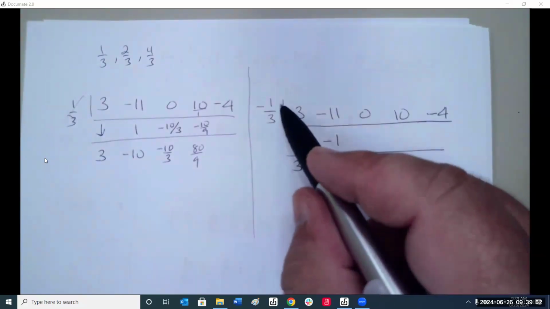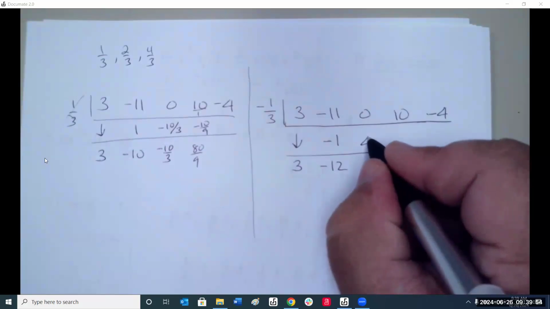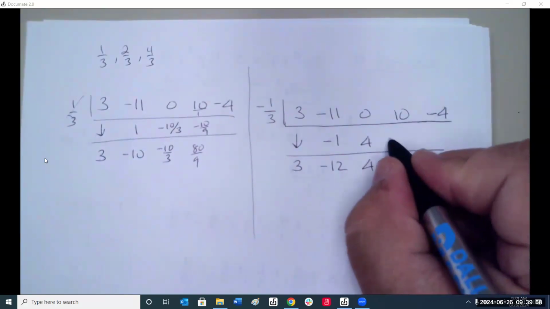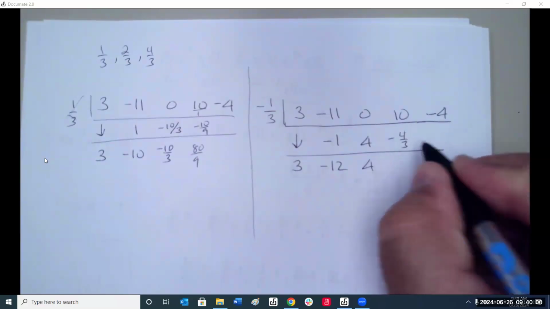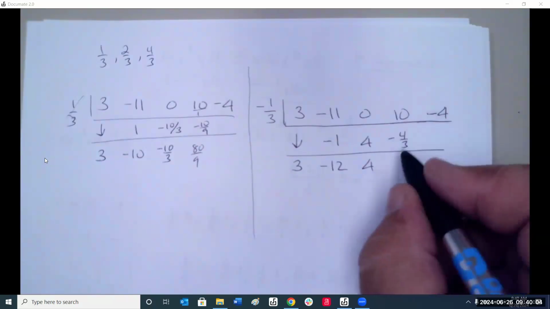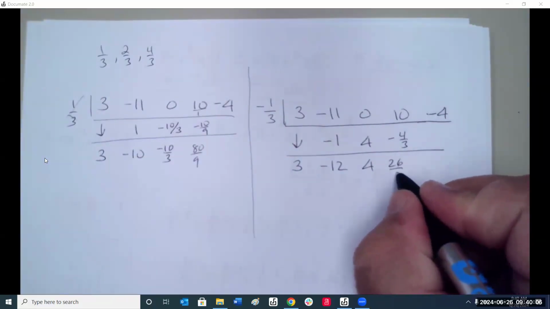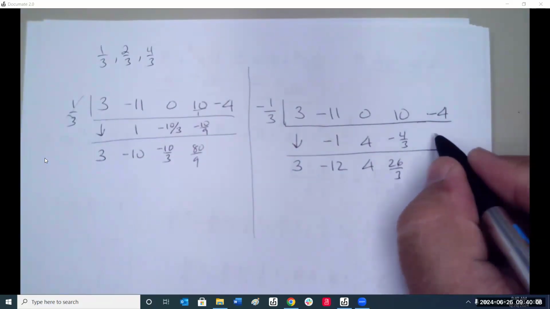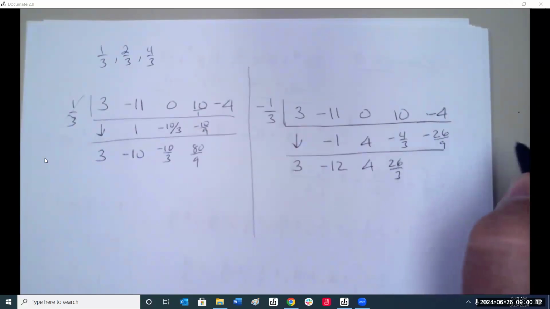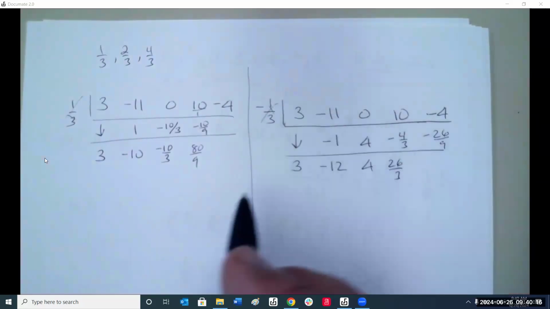Negative is positive. 12 divided by 3 is 4. -4/3. That's where I lost it. So it's 30 over 3. So it's 26/3. -26/9. Nope, not going to work. That one doesn't work.